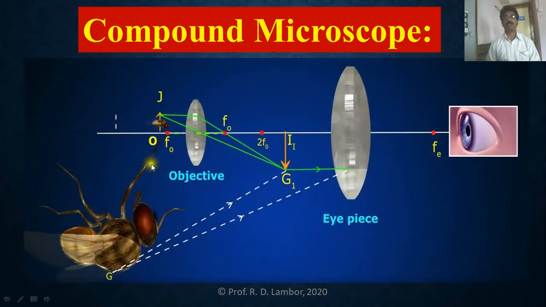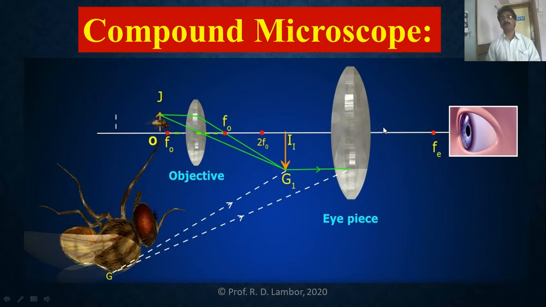This is the object that we have taken here, a fly, and its final image you can see like this, which is formed by the compound microscope and can be seen by keeping the eye very close to this lens.